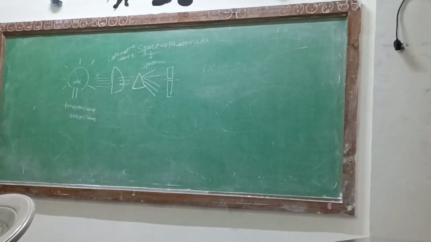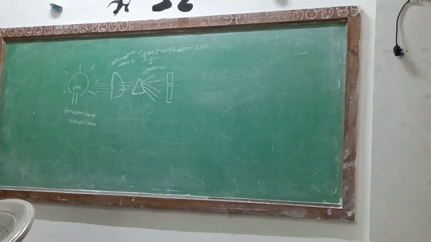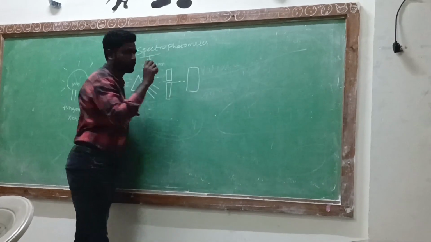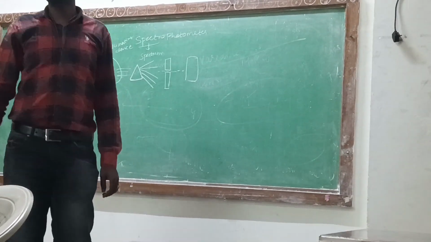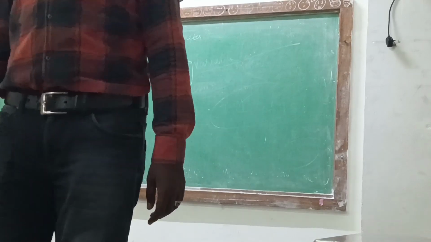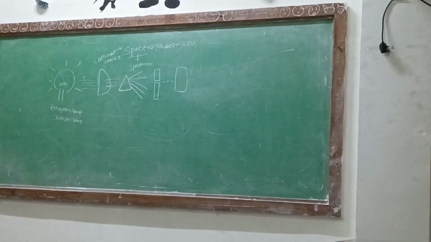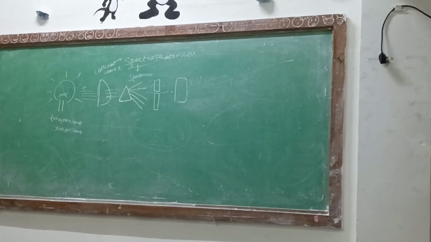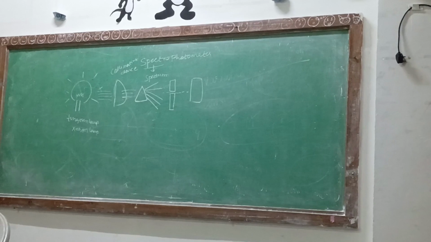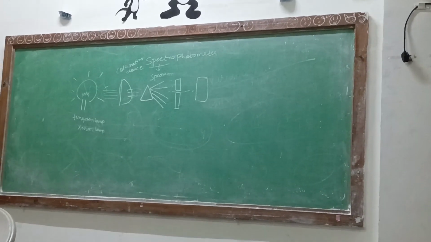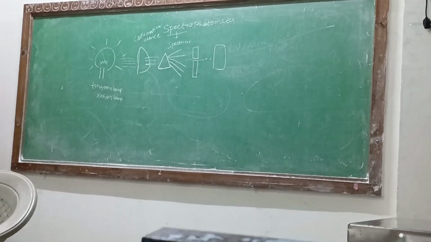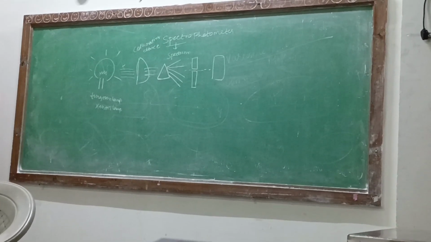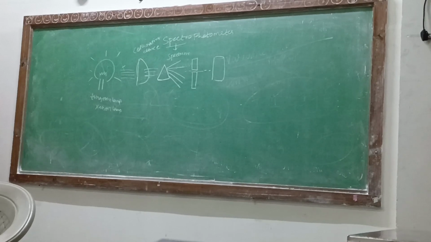Now, after passing through the slit, that light falls on the cuvette. This cuvette is a quartz or silica glass cuvette, which is more sensitive than the colorimeter's. The plastic or glass cuvette used in the colorimeter has less accuracy compared to this spectrophotometer's cuvette, because it is made of a special type of glass and is very highly sensitive.